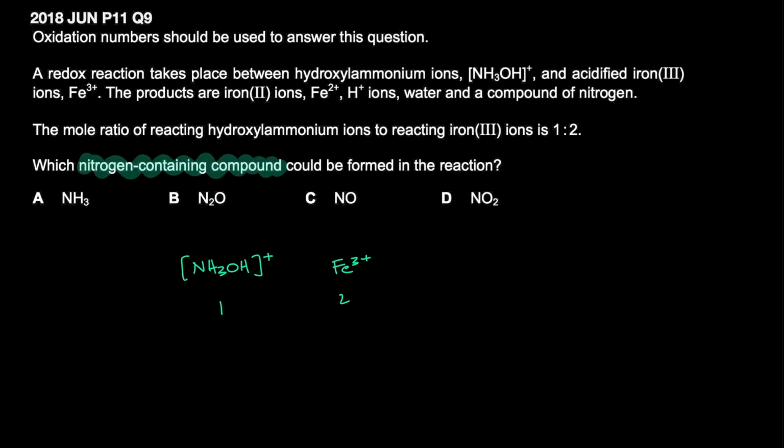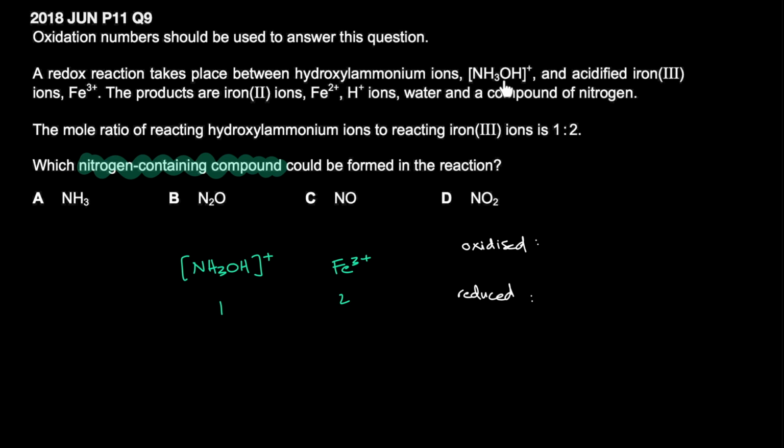Now, let's think about the changes in oxidation number. If you think about what's being oxidized and what's being reduced here, since the reaction is between the hydroxylammonium ions and the iron(III) ions, the oxidation numbers of nitrogen and iron are changing in this reaction.